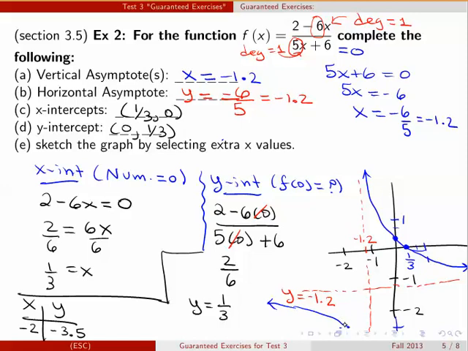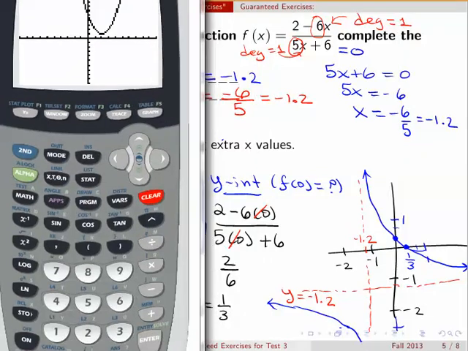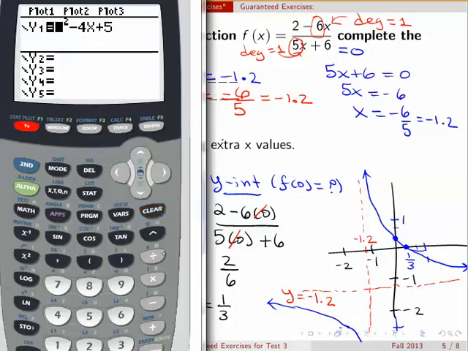Let me use the graphing calculator to quickly show you how you can do this. We go to Y equals. For a fraction, make sure you put the numerator in parentheses, so 2 minus 6x in parentheses, that's the numerator, divided by the denominator, which also has to go in parentheses, 5x plus 6.